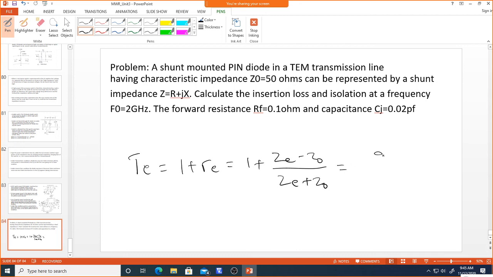So this will give 2 into ZE divided by ZE plus Z0. So this is your transmission coefficient.